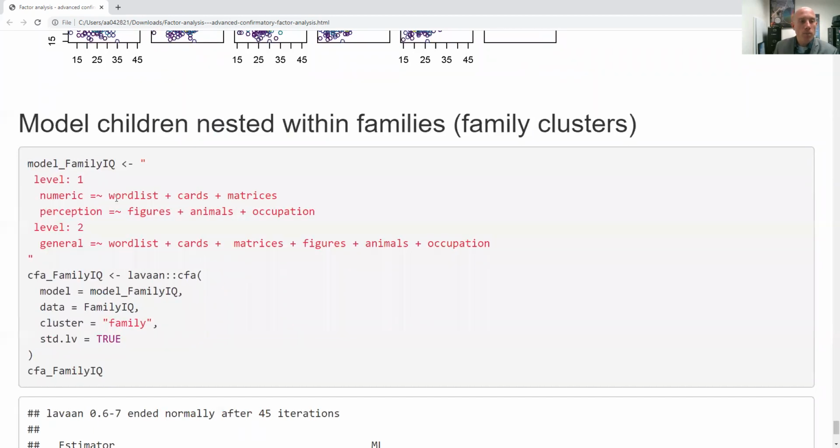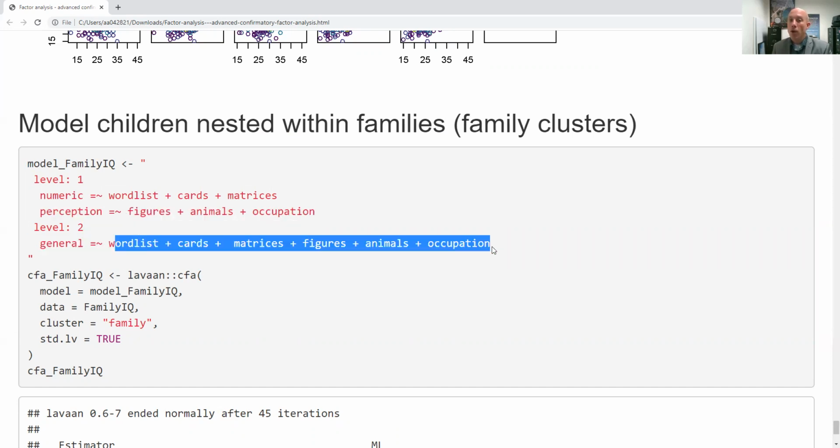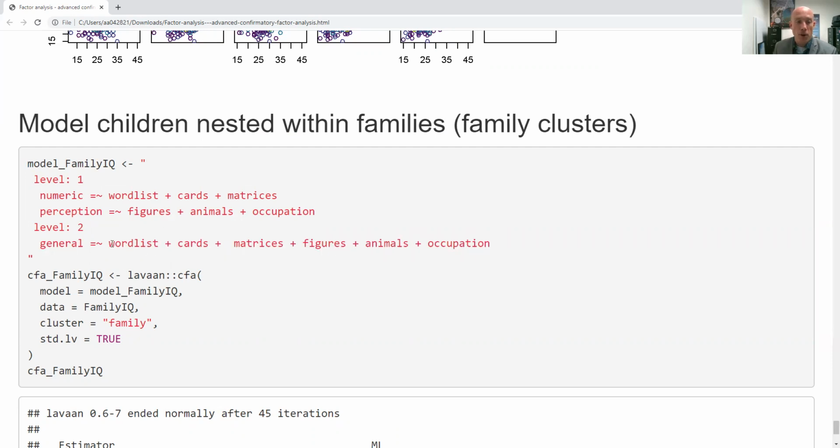What we're going to do is say that level 1 is numeric and perception. Numeric is manifested by word lists, cards, and matrices. Perception is manifested by figures, animals, and occupation. And then general is manifested by all of them. Another thing I could have done is put numeric and perception here instead.